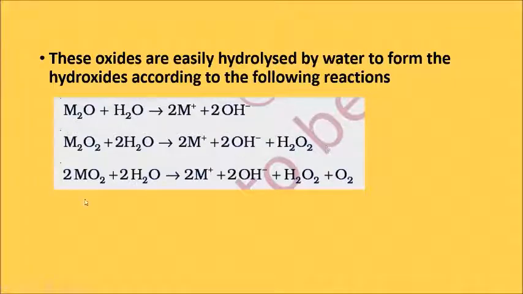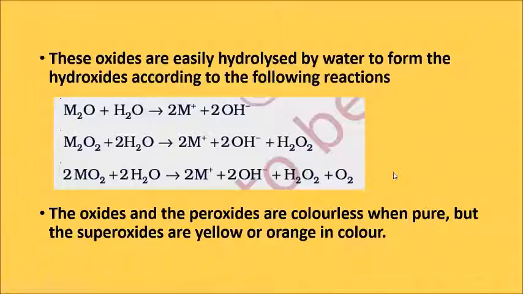In the same way, when the superoxides react with water, it gives you hydroxide, and along with that we get hydrogen peroxide plus oxygen. The oxides and the peroxides are colorless when pure, but the superoxides are yellow or orange in color.